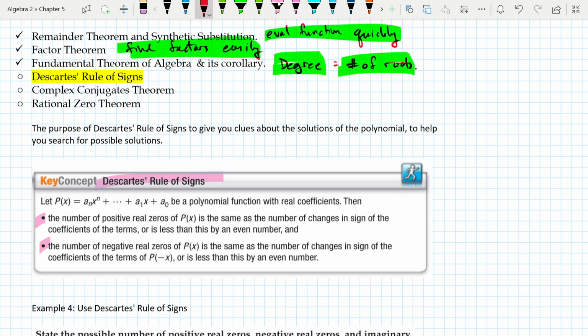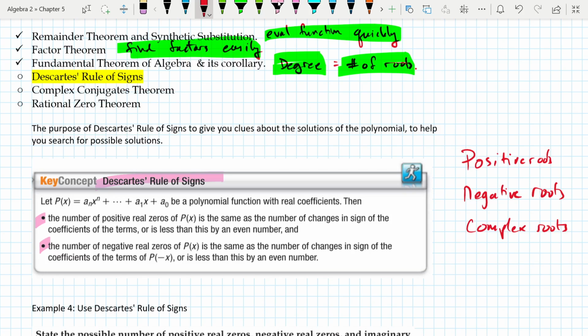Basically, you're going to be able to tell me how many positive roots there are, how many negative roots there are, and how many complex roots there are, which is pretty handy. Why?